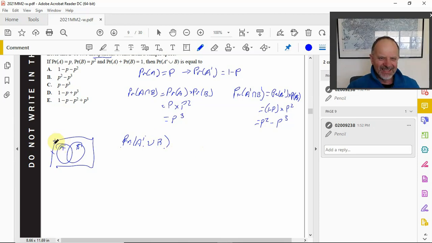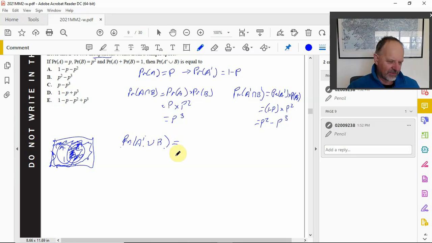A dashed is everything outside the circle. And then union with B, so everything inside circle B. So we've got everything out here, outside of A, and everything in B. So what is that when we look at it?